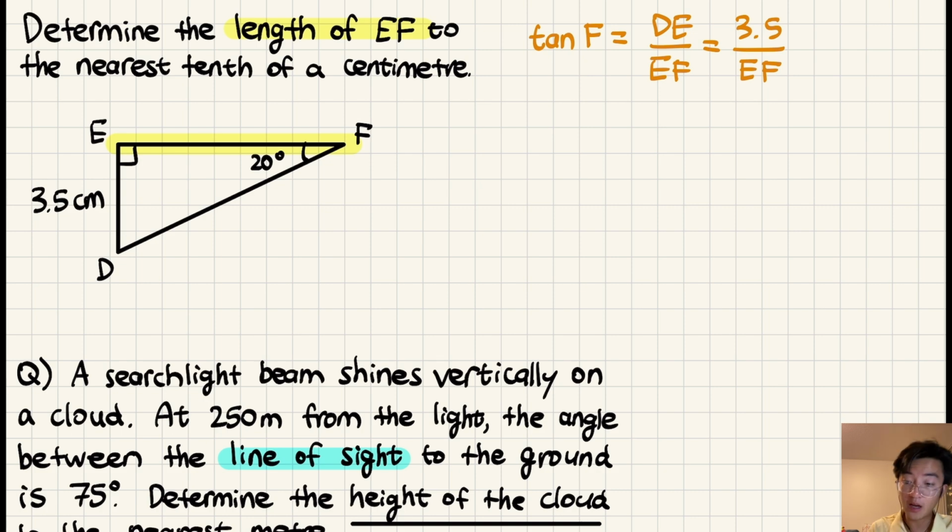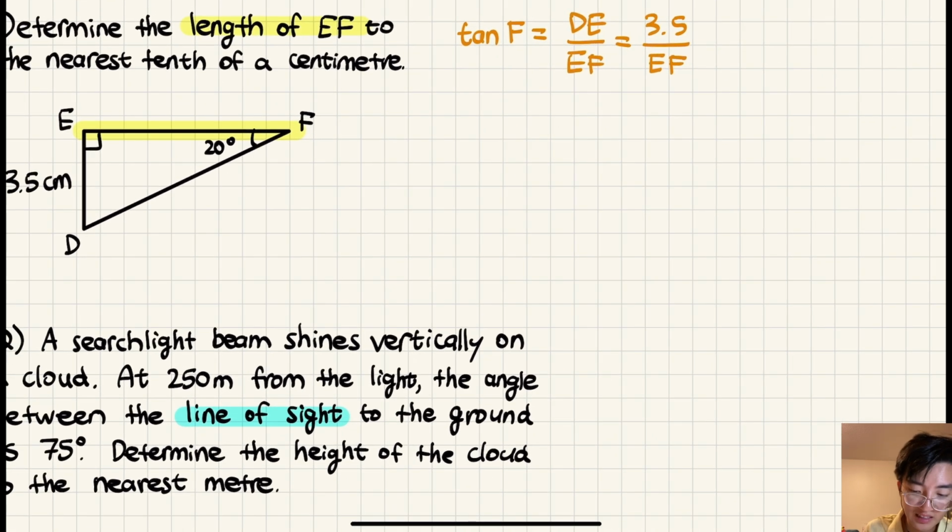EF is the unknown. We also know that the tangent of F is just the tangent of 20 degrees. So we know the tangent of 20 degrees is equal to 3.5 over EF.